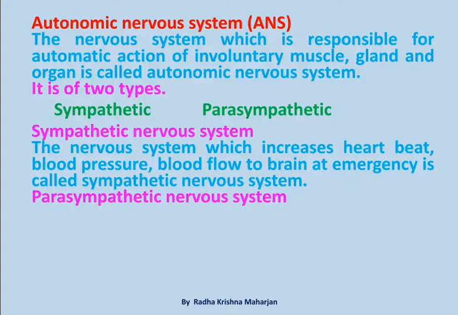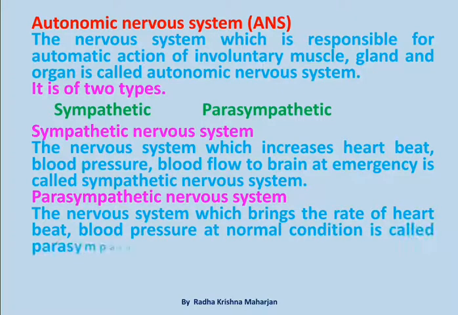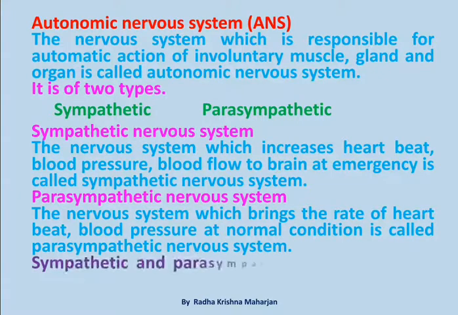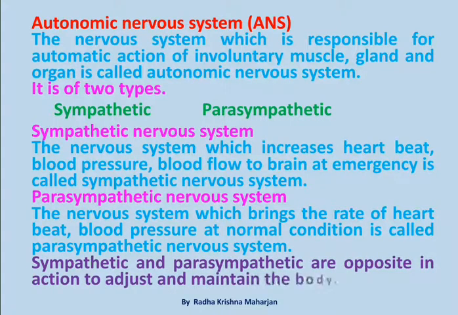Parasympathetic nervous system. The nervous system which brings the rate of heartbeat and blood pressure to normal condition is called parasympathetic nervous system. Sympathetic and parasympathetic are opposite in action to adjust and maintain the body.